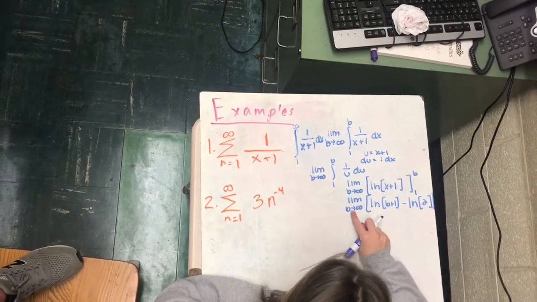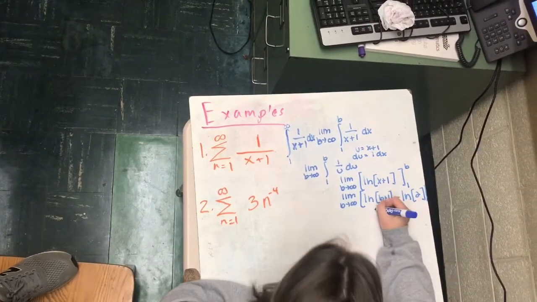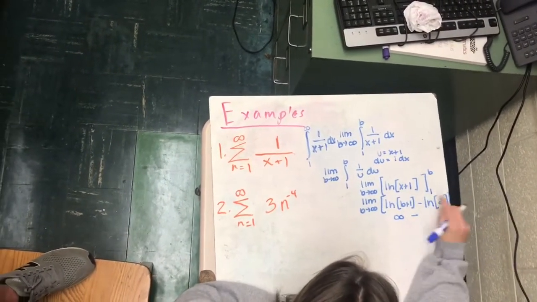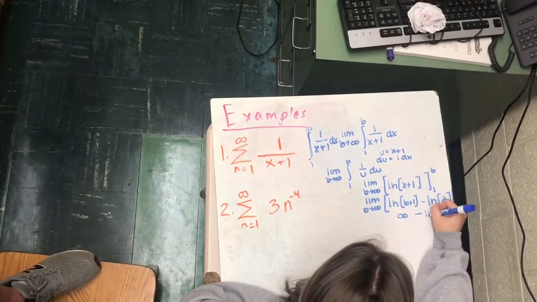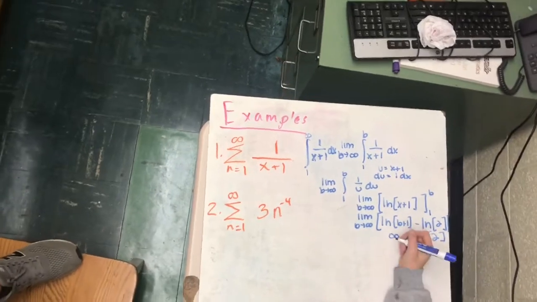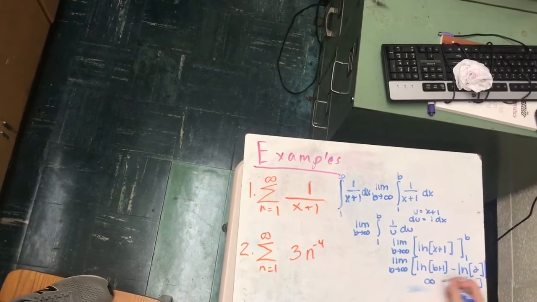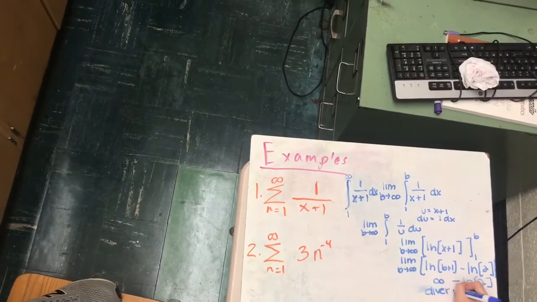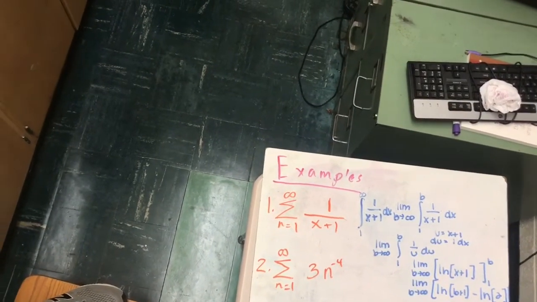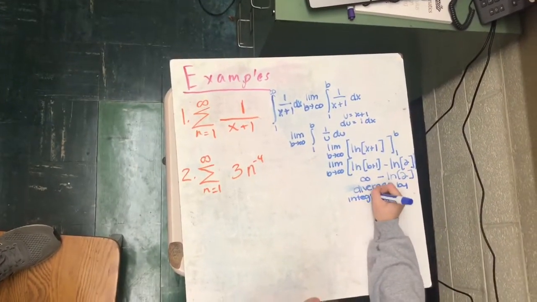The limit as b approaches infinity, so I'm going to plug in infinity for b, so this would be the natural log of infinity, which is equal to infinity minus the natural log of 2, but the natural log of 2 doesn't matter because I've already gotten an infinite sum. So the series diverges because the integral equals infinity. So it diverges by integral test.